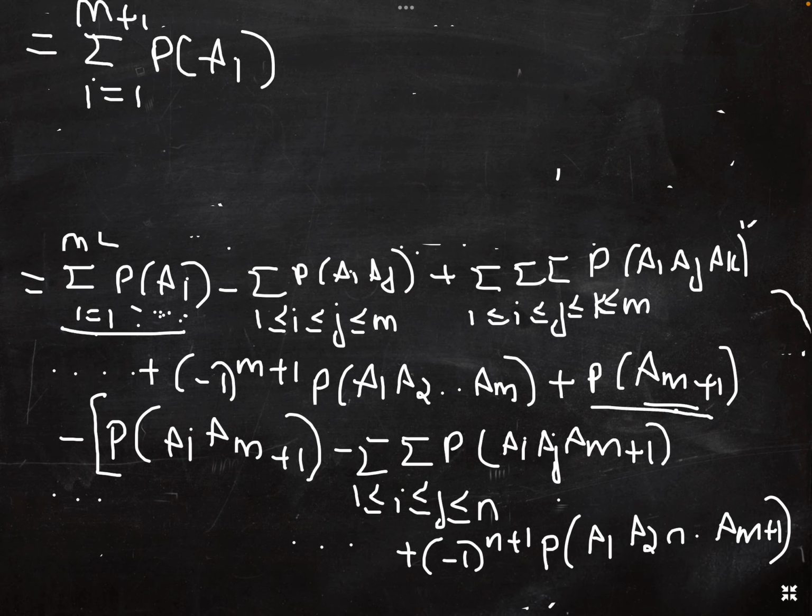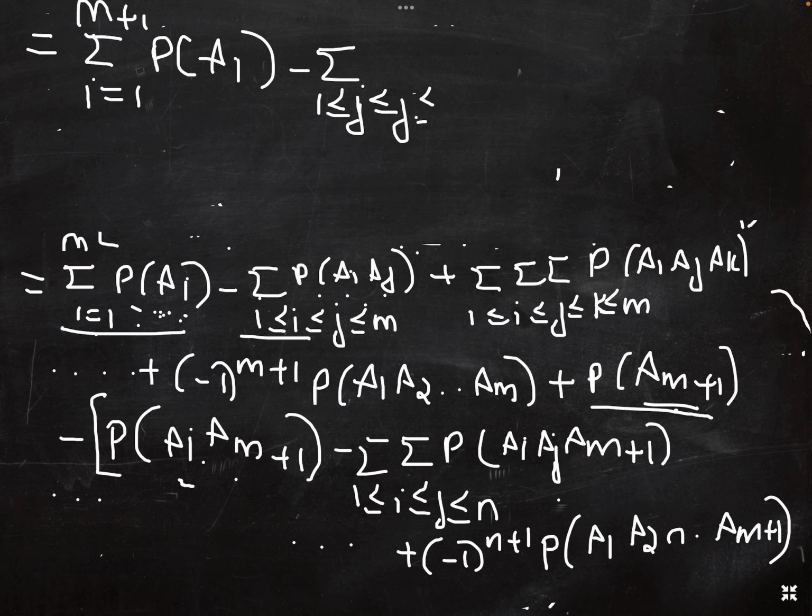Then we write this term, that is minus, summation over 1 less than or equal to i less than or equal to j less than or equal to m. Here the terms ai, am plus 1 are included: p of ai aj, minus p of ai aj, and also this step, p of ai am plus 1.